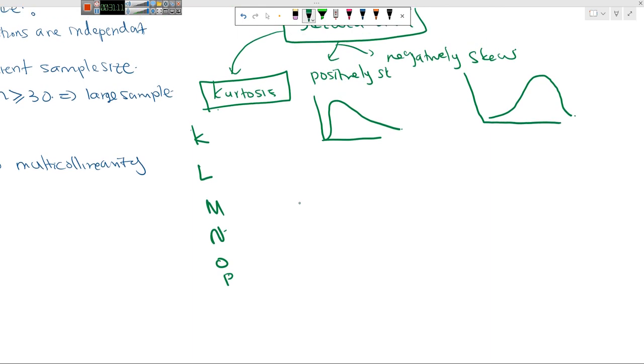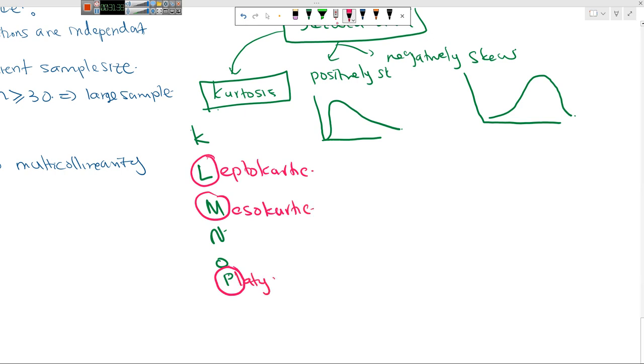Leptokurtic begins with L, so the first one is L, the other one is M, and the other one is P. So L for leptokurtic, M for mesokurtic, and P for platykurtic.